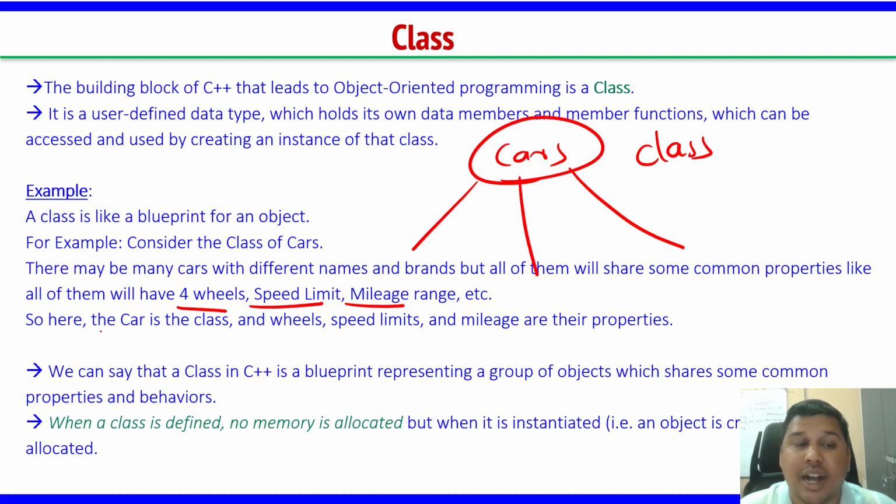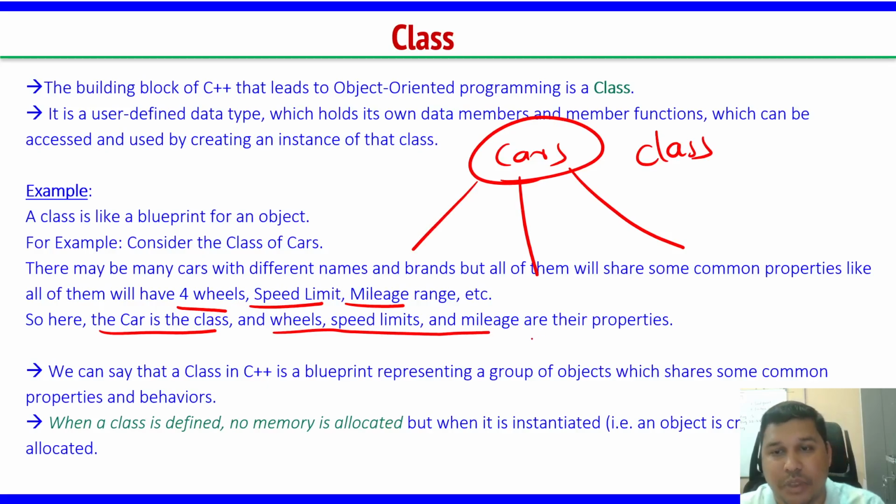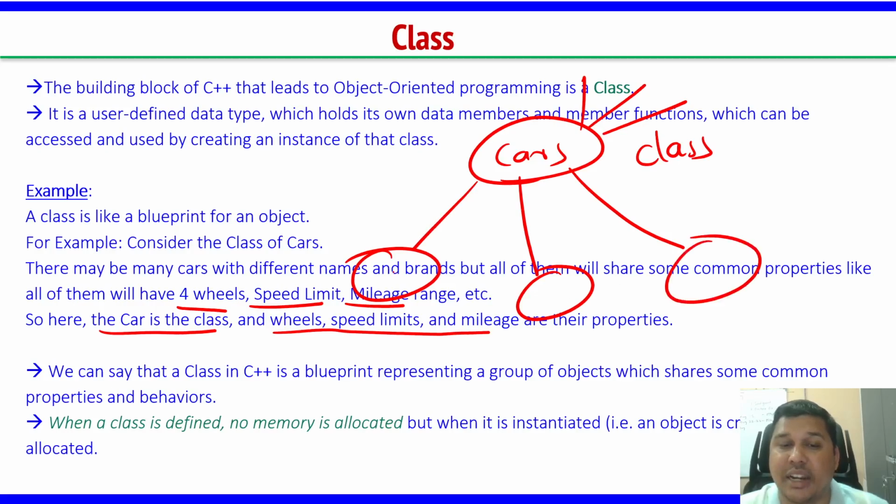So here the car is the class, and the wheels, speed limit, and mileage are its properties. Indirectly they are the variable names. So in a class, if I have those three variable names, every object here, BMW, Audi, or Tata, will have those three variables.